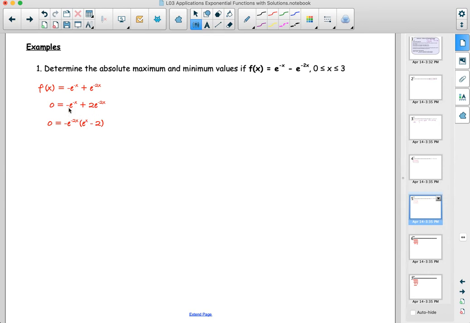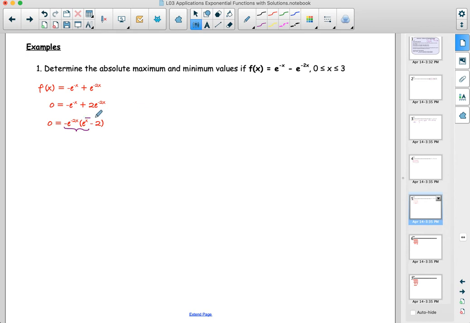So we need to do negative e to the negative x divided by negative e to the -2x. Alternately, we can expand and we can see those have the same base. Add the exponents. -2x plus x is -x. A negative times a negative is the positive, and that becomes positive 2 e to the -2x.